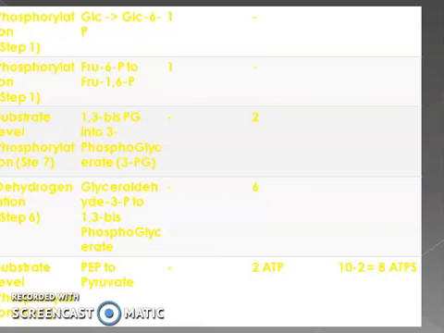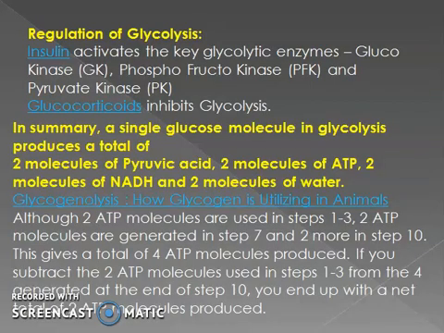Okay, this is all about glycolysis, and these are the steps you will find. First glucose converts into glucose 6-phosphate, then fructose 6-phosphate, fructose 1,6-bisphosphate, then 1,3-bisphosphoglyceric acid, then 3-PGA, then 2-PGA, and lastly PEP to pyruvate. This is all about glycolysis.